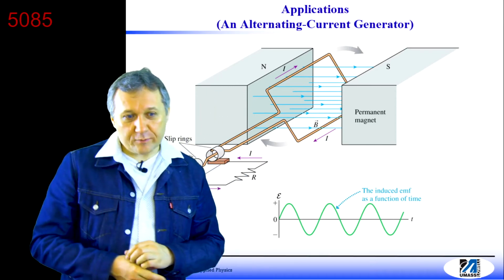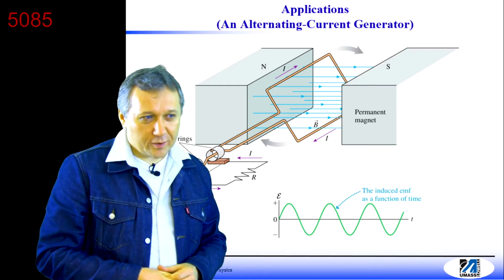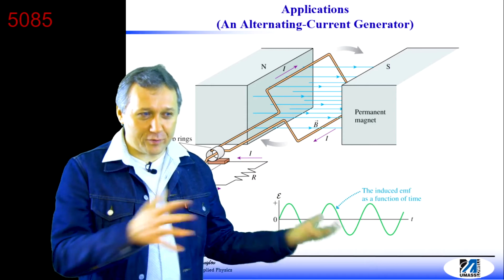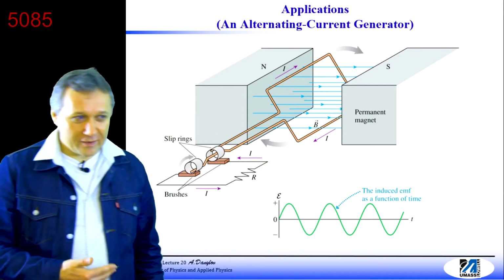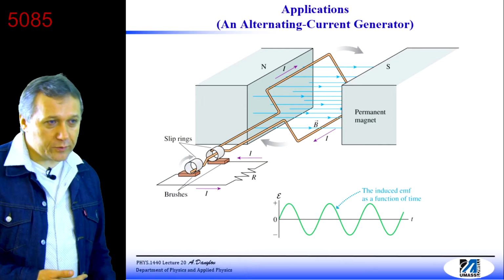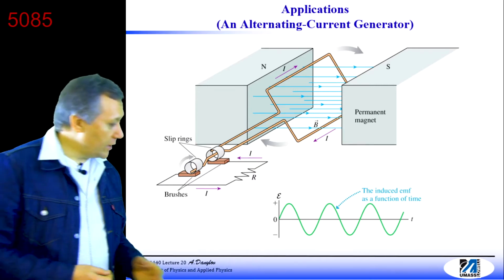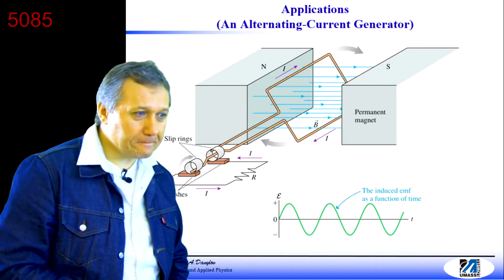Guys from the EE department, I'm sure that at some point you will learn what's the difference if you drive the motor with 1-phase current or 3 phases. So that's what is usually used in power stations. Of course, power stations generate 3-phase current.